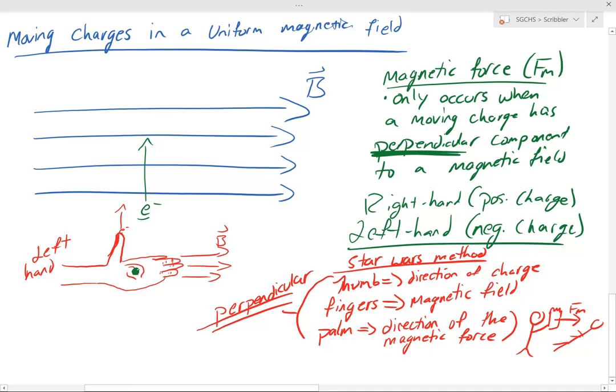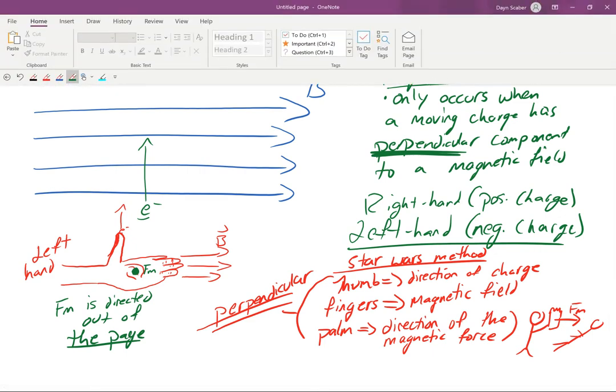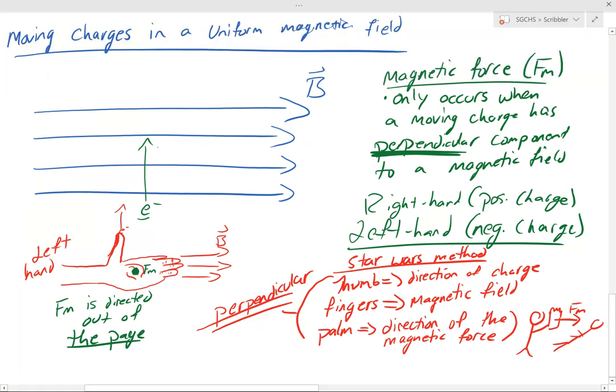So the magnetic force is directed out of the page. If I were to put that in here, I might put this little dot and then the magnetic force. So our electron would start being pushed towards us, out of the page.